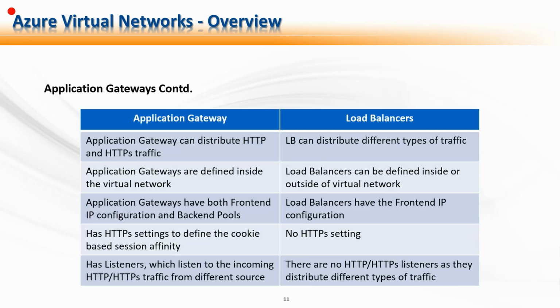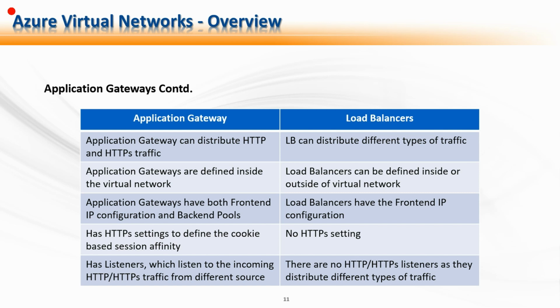Let us see the differences between the application gateway and the load balancers. And this is what I promised some time back. To start with, the application gateway, we already know, operates at layer 7, whereas the load balancers operate at layer 4, TCP and UDP levels.